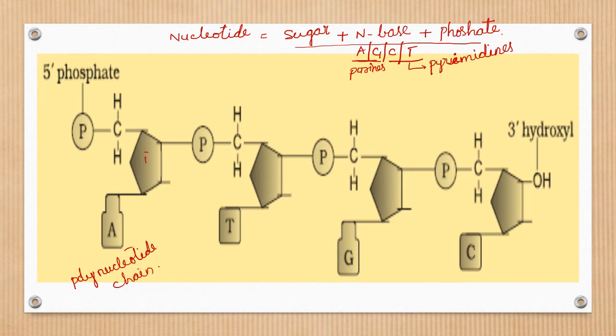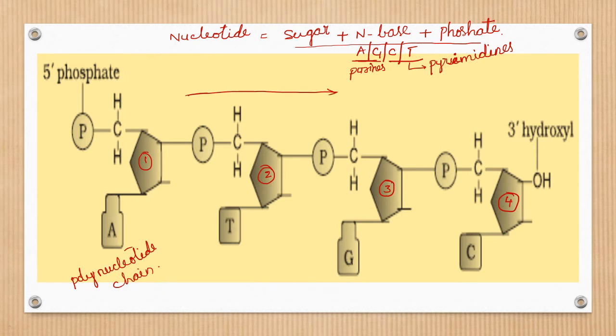Suppose this is 1, 2, 3 and 4 nucleotides given here. Now if you observe these nucleotides, this polynucleotide chain is in the 5 to 3 direction.